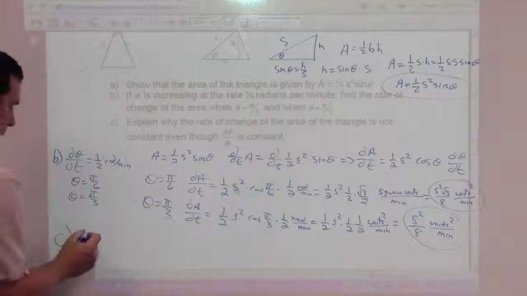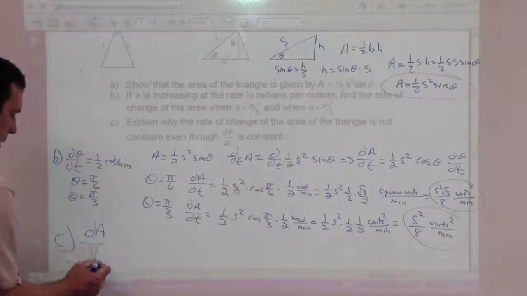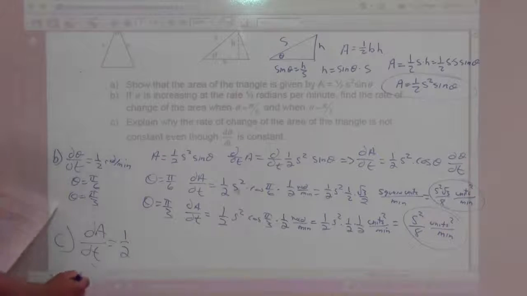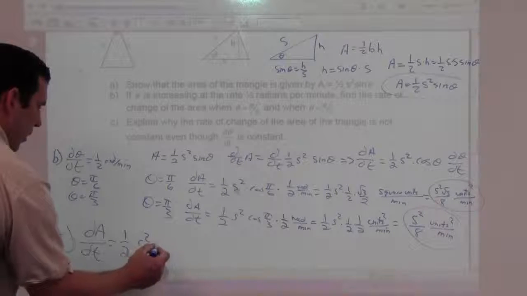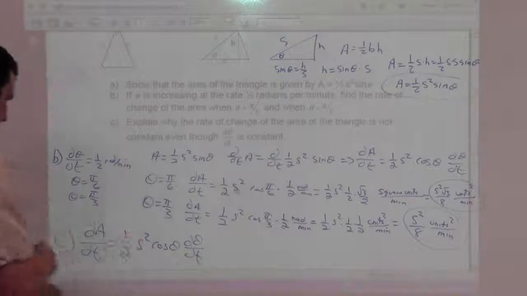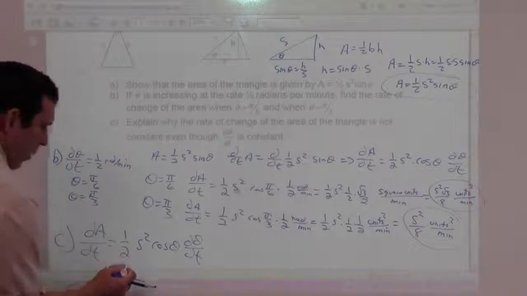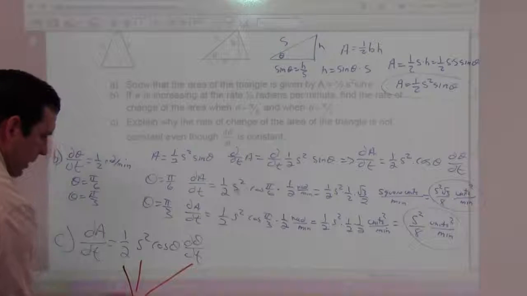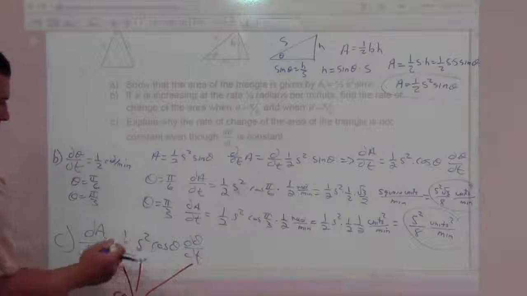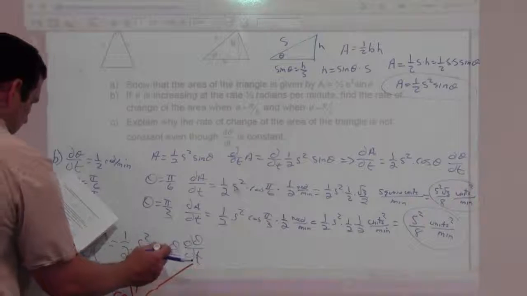So our dA/dt is going to be 1/2 s squared cosine theta d theta/dt. Now in that, 1/2 s squared and d theta/dt are constants. But cosine theta is variable.